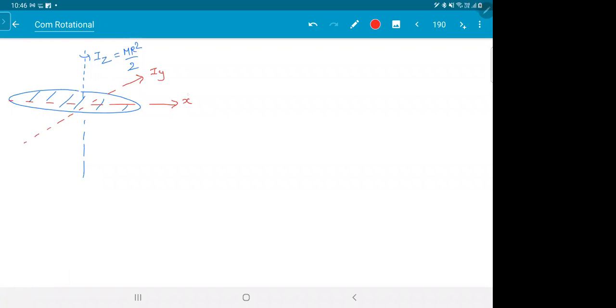Iy, Ix. So Iz is Iy plus Ix. Mr square by 2 is 2 times Ix. This is the example we did. Ix is mr square by 4.